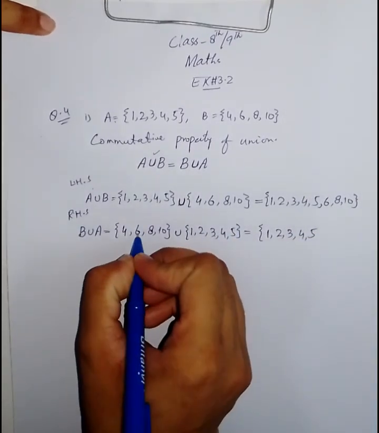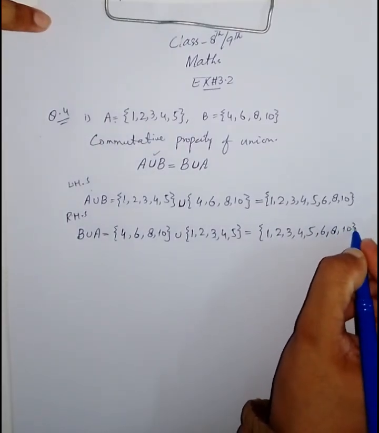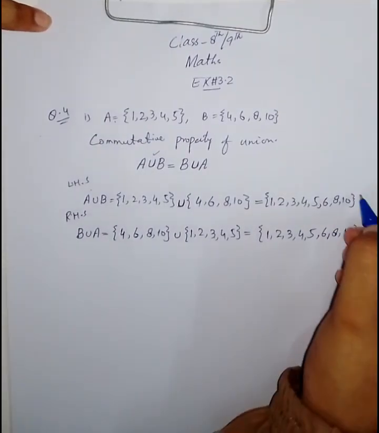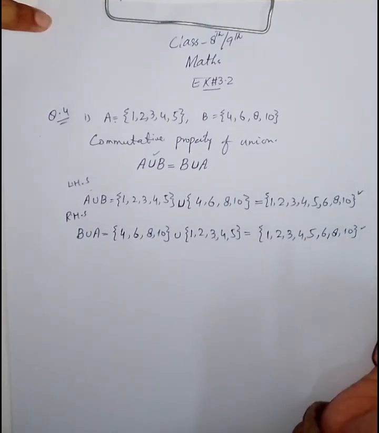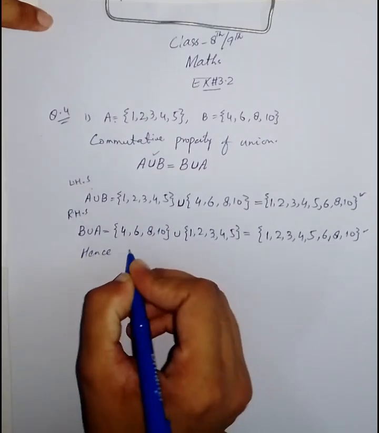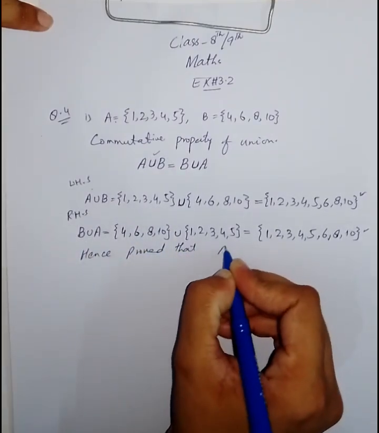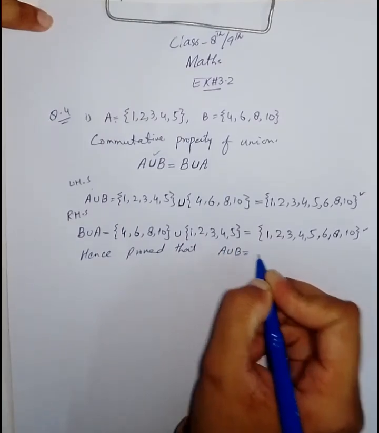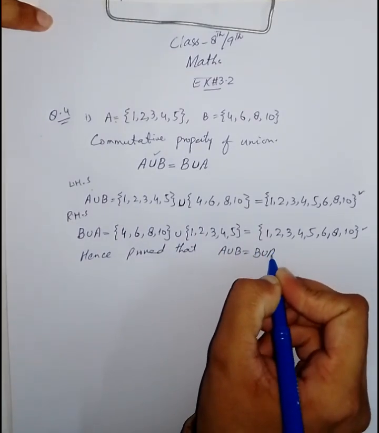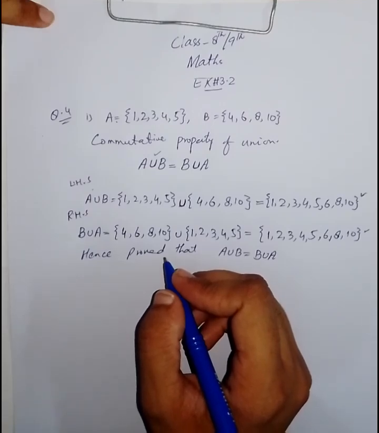After 5, from here 6, 8, 10. So if you check the answers of left hand side and right hand side, both are equal. Hence it's verified that A union B equals to B union A. So commutative property of union is verified here.